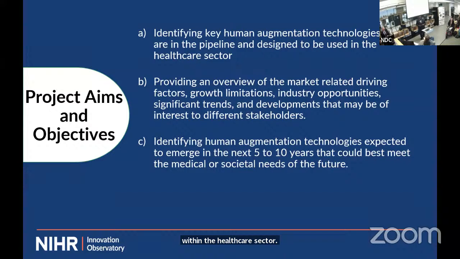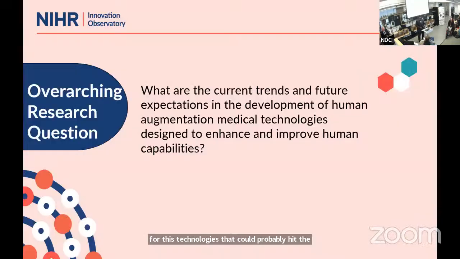But we also wanted to provide an overview of the market-related driving factors, including the industry opportunities, the growth limitations, the trends that are coming within that space, and also the developments that may be of interest to different stakeholders, including you and I. And in terms of the technologies, we were looking for these technologies that could probably hit the market in the next 5 to 10 years. So these were the objectives.